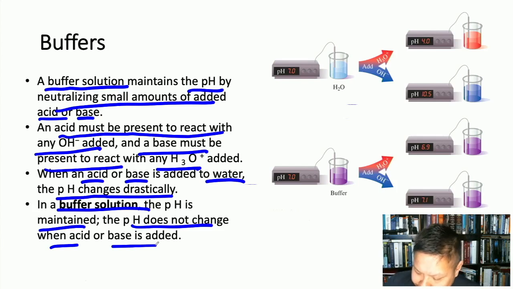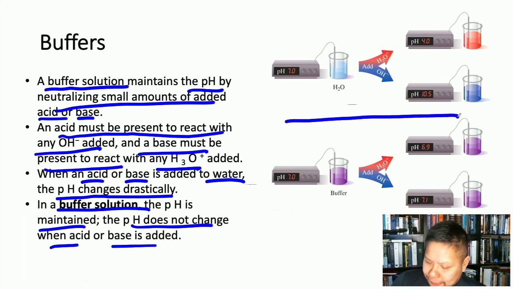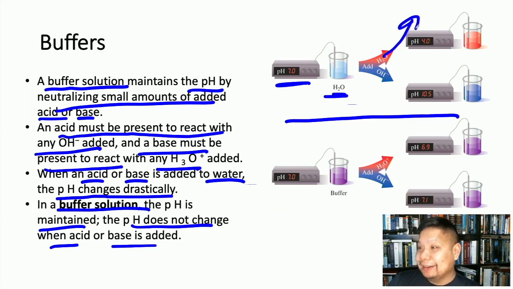changes, right? So this little graph here just shows you what I was just mentioning. You can have a pH of 7 for pure water, but if you add even a little bit of acid, it decreases the pH dramatically, right? And vice versa, adding some hydroxide dramatically increases the pH and increases the basicity, right?